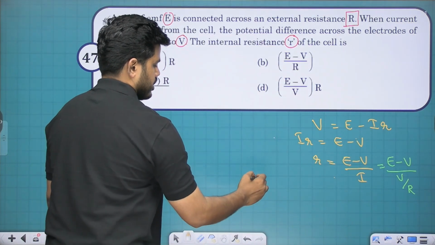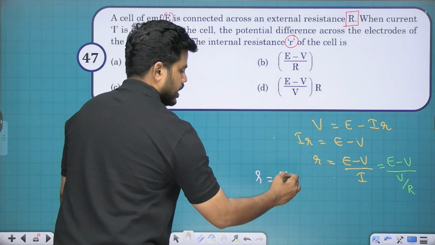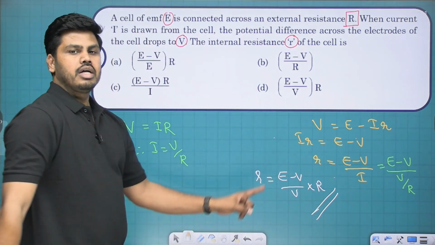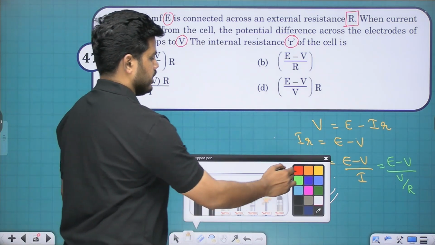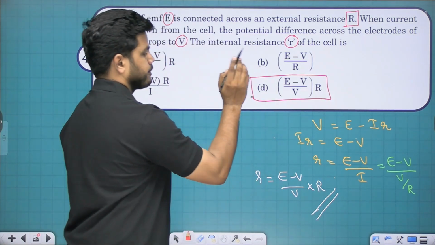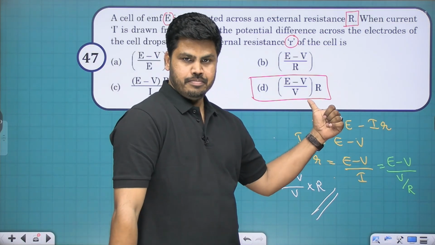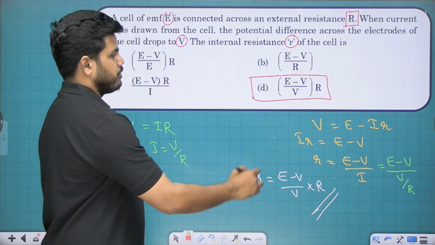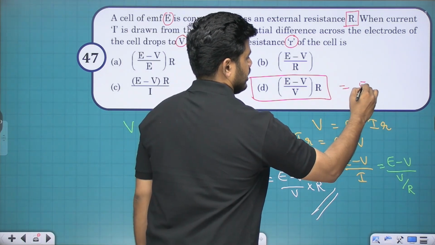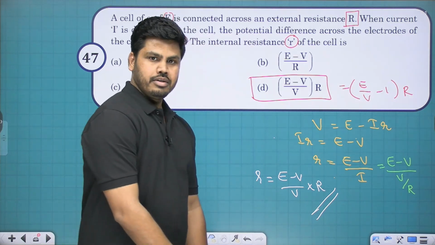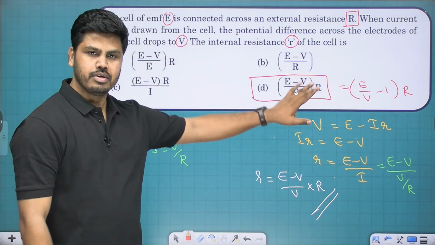So what is our equation? r is equal to (E minus V) divided by V into R. That was one of the given options, option D. Right? Internal resistance of a cell can be calculated using this equation. Okay, we simplified this equation further, right? So (E by V minus 1) into R. That is how we wrote it. Yeah. So this form is given. That is the correct answer.